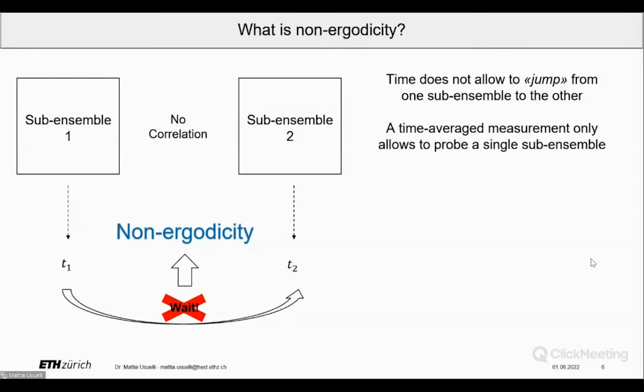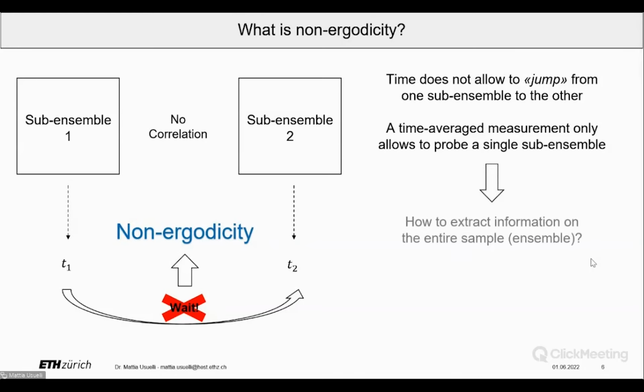So this makes some points arise. The first one is that a time-average measurement allows us to probe only a single sub-ensemble. It means I'm not probing all the configurations of the sample, all the possibilities of the sample itself, but simply what the sample is doing in that specific volume that I am considering.